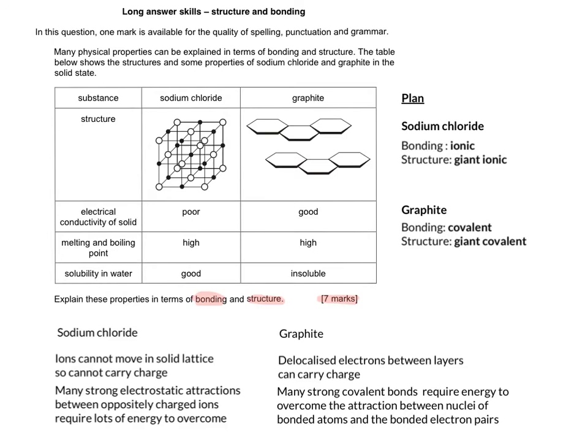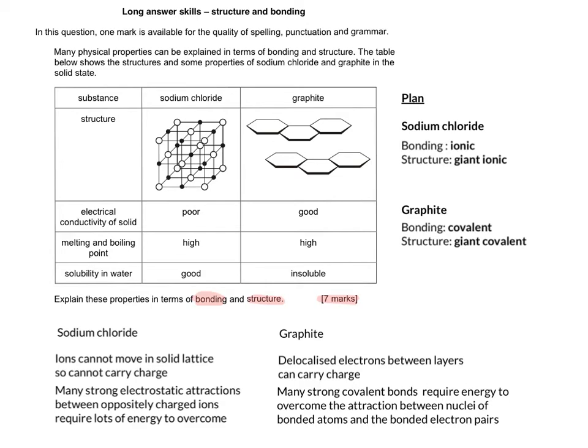Dealing with the melting and boiling point, you have to talk about the strong electrostatic attractions, or the bonds, that are present. So here you're talking about bonding. In the first one, with electrical conductivity, you're talking about structure. So you're dealing with the bonding and structure as we go along.